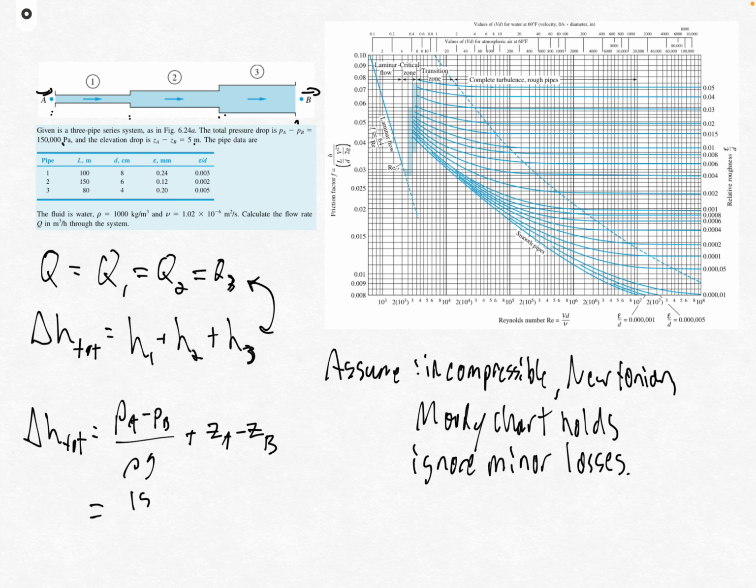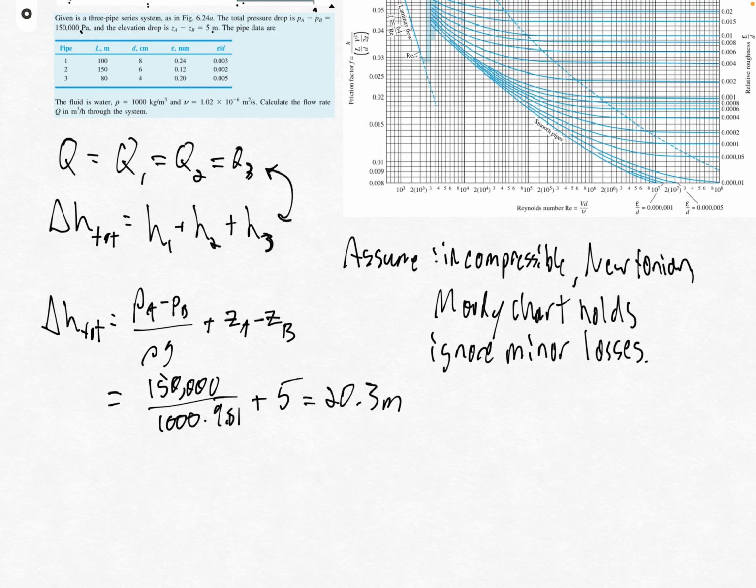If we work that out, it's 150,000 pascals over 1,000 kilograms per meter cubed times 9.81 meters per second squared, plus 5 meters, and that's going to work out to 20.3 meters as our total head loss across the system.